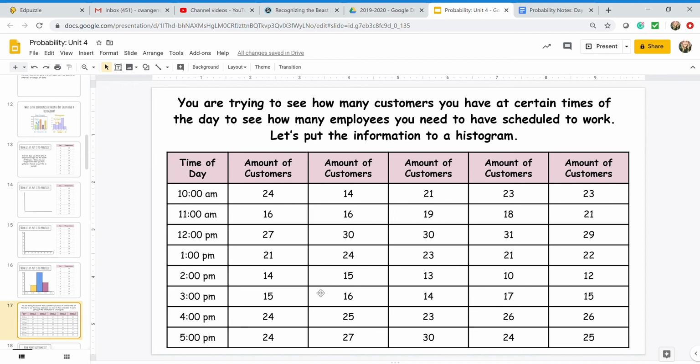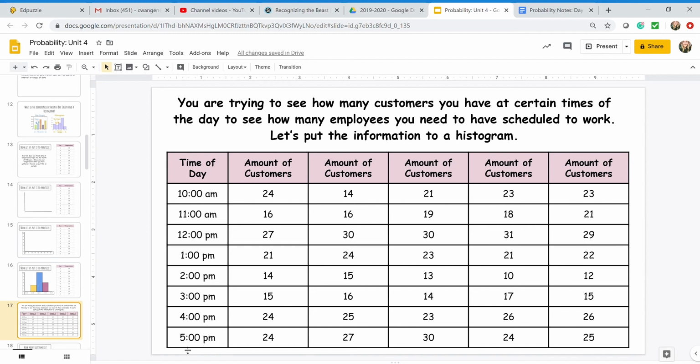The best way to do this is to figure out your averages, or figure out the total amount of people you have at a time of day. Essentially 10 to 11, 11 to 12, 12 to 1, 1 to 2, 2 to 3, 3 to 4, and 4 to 5. Okay, and you're going to want to have that.